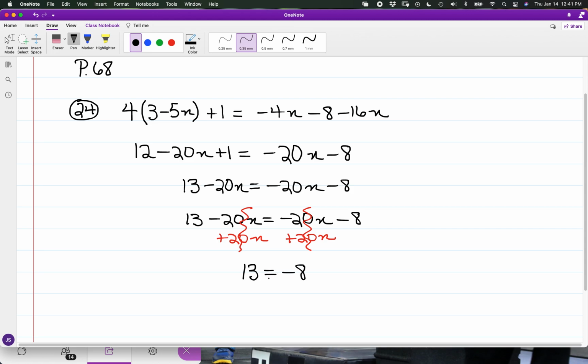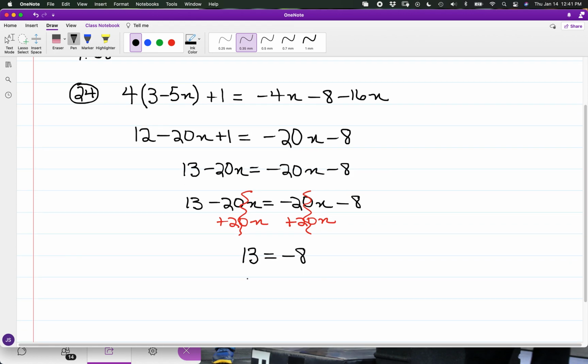So I have that 13 is said to be equal to negative 8, which is a false statement. Since there's nothing in n that can rectify this situation, we're going to have no solution. And since we have a logical inconsistency with the output, the category into which this type of problem falls is a contradiction.